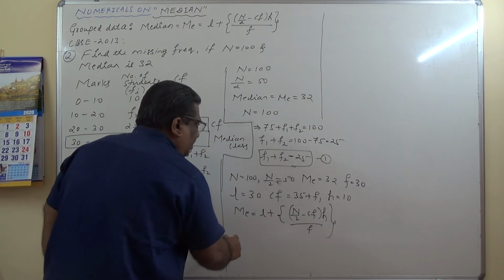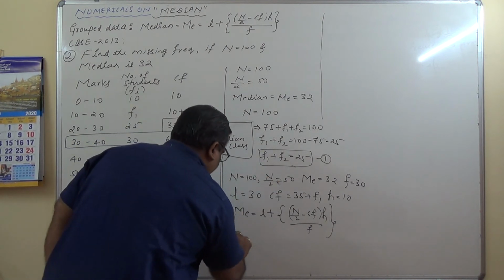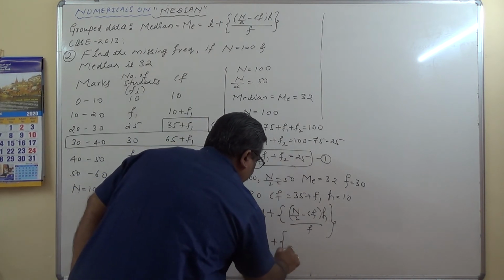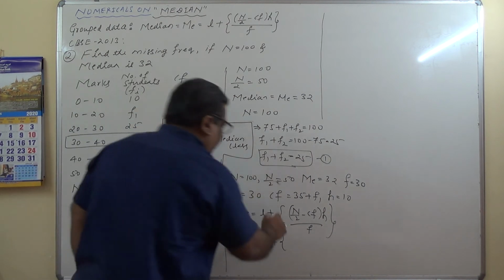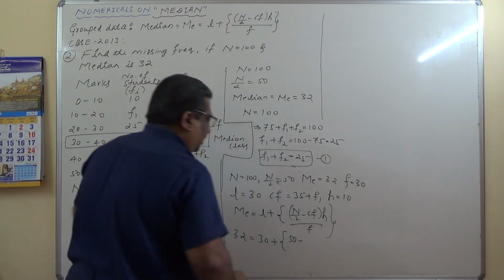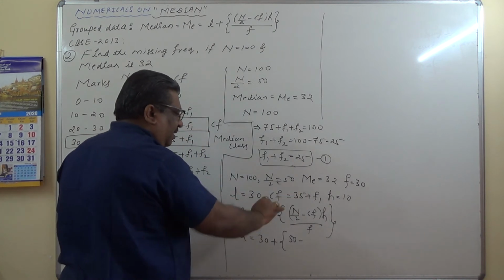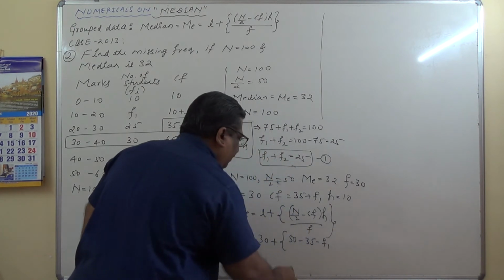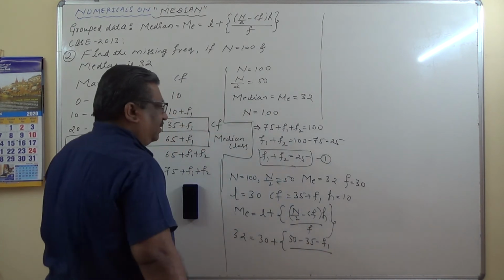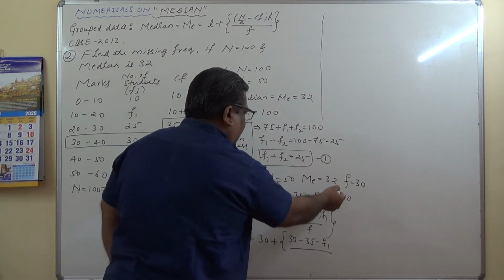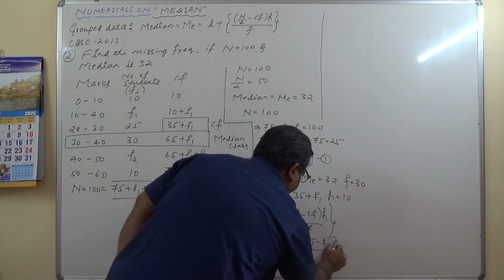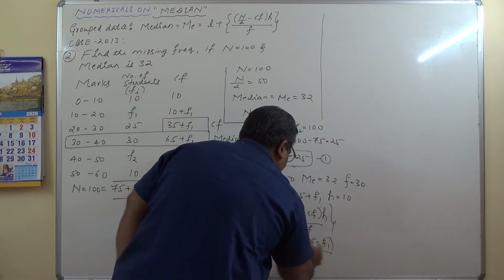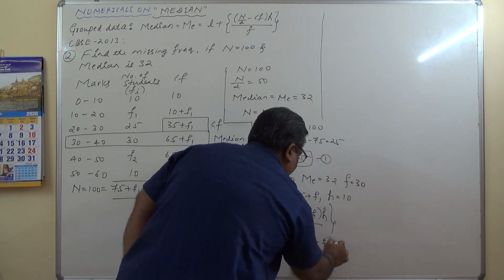So let me substitute. Median is given as 32. L is 30 plus, into bracket, n by 2 is 50 minus CF. CF is 35 plus F1. I'll open the bracket, minus 35 minus F1, the whole divided by frequency. F is 30, into h, I have to multiply this one by h, which is 10.